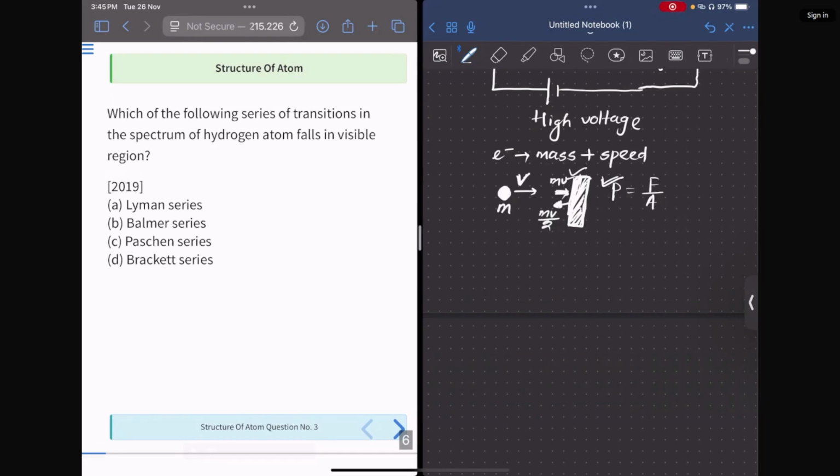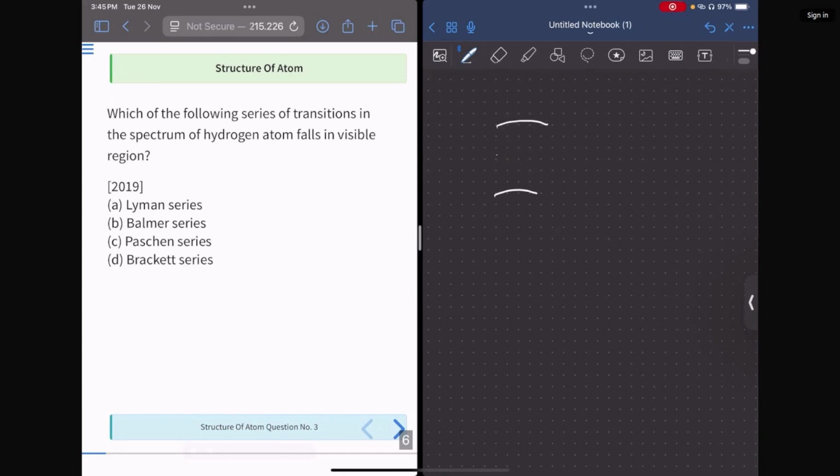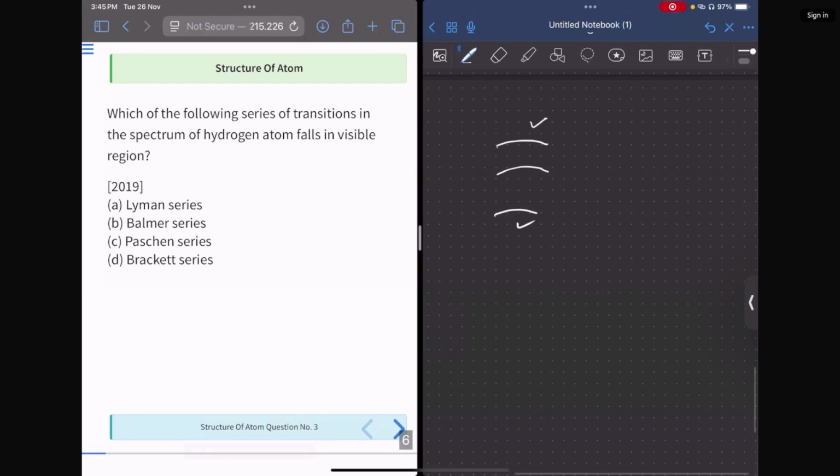Which of the following series of transitions in the spectrum of hydrogen atom falls in the visible region? Suppose these are the energy levels or orbits, a higher energy level orbit and a lower energy level orbit.